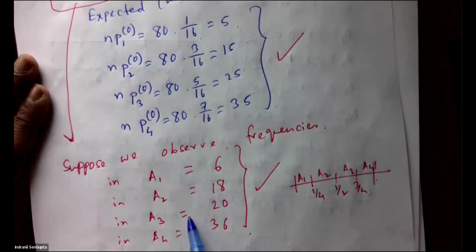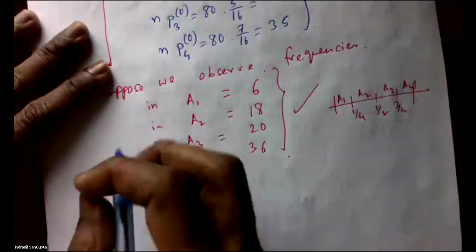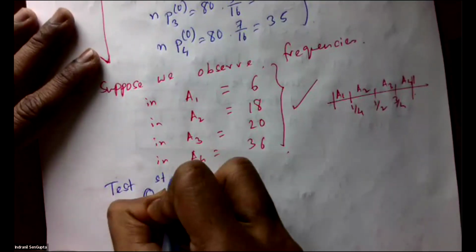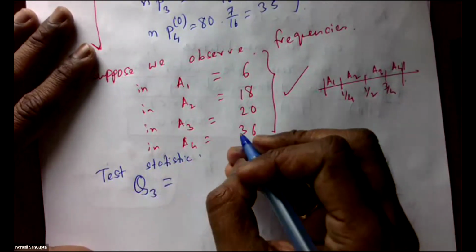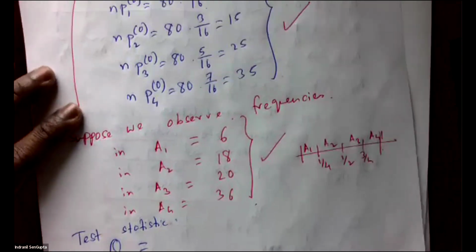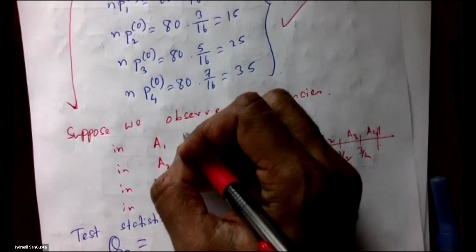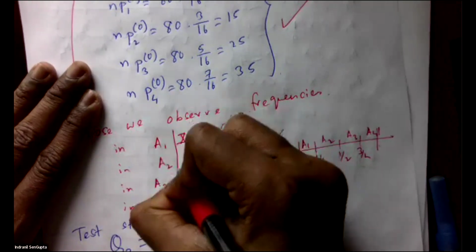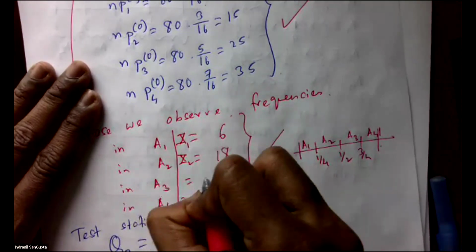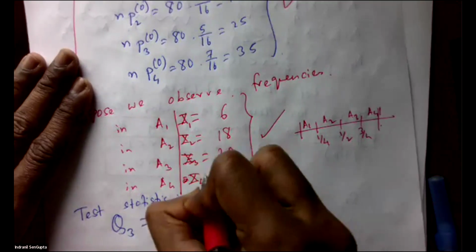Now, there are 4 intervals, so I can construct a chi-squared with 3 degrees of freedom. So the test statistic is given by, in the notation of what I wrote before, this is x1, this is x2, this is x3, and this is x4, right?